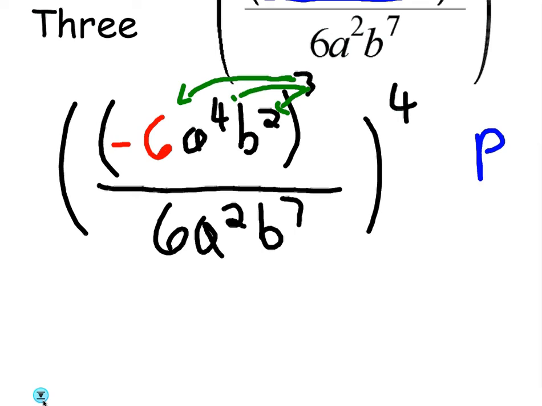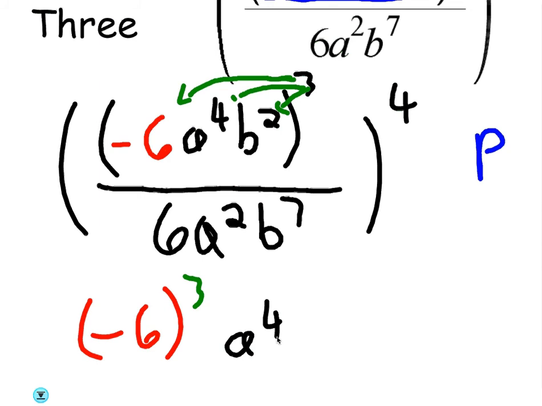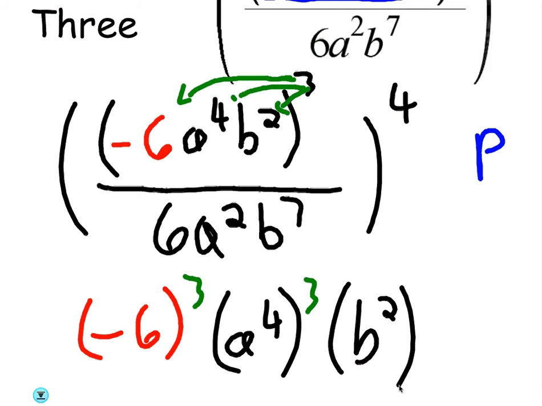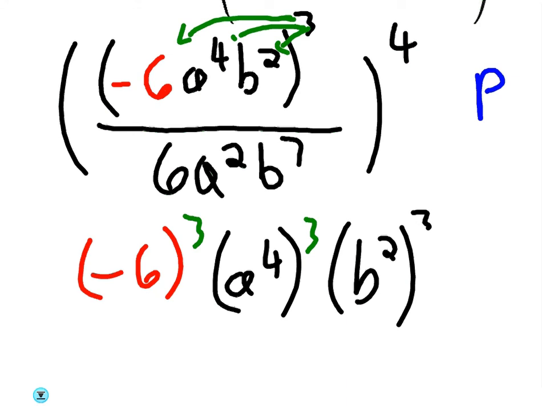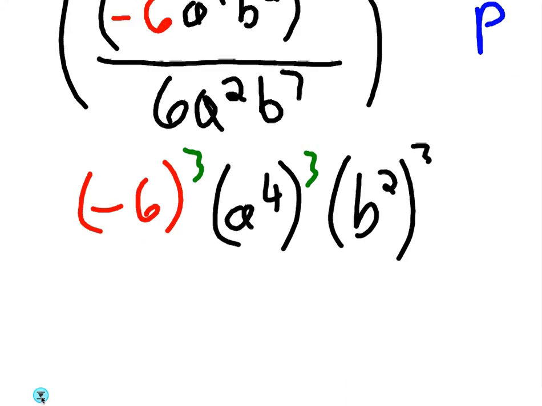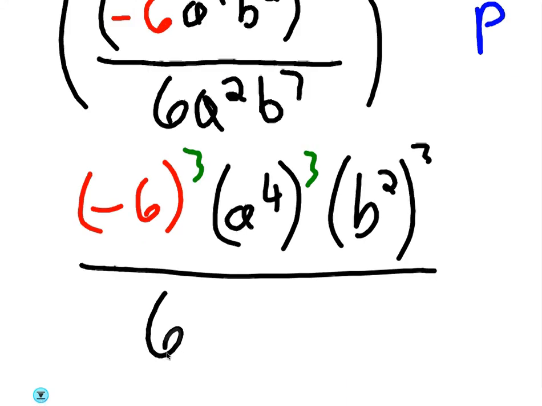Well, let's go ahead and write this one out. So it's going to be -6 cubed, right? And then it's going to be a to the 4th cubed, and then b squared cubed. Okay, and then let's go ahead and just rewrite the bottom here, not doing anything with it.